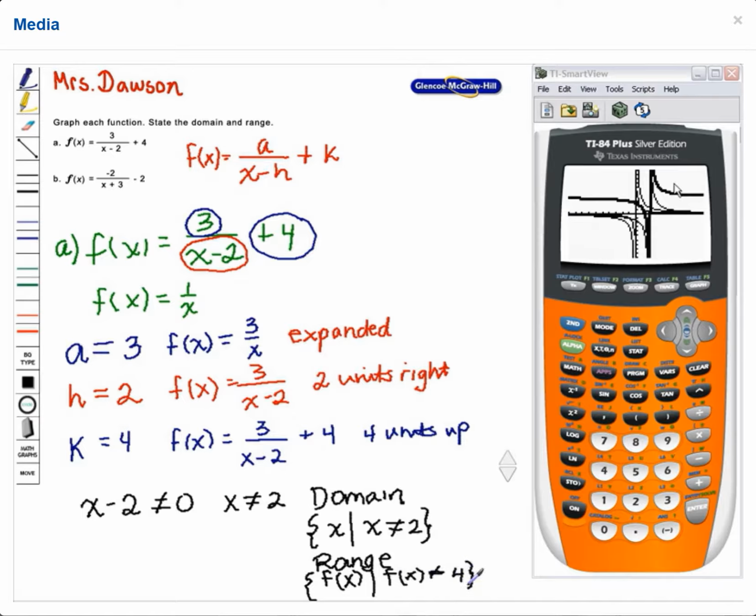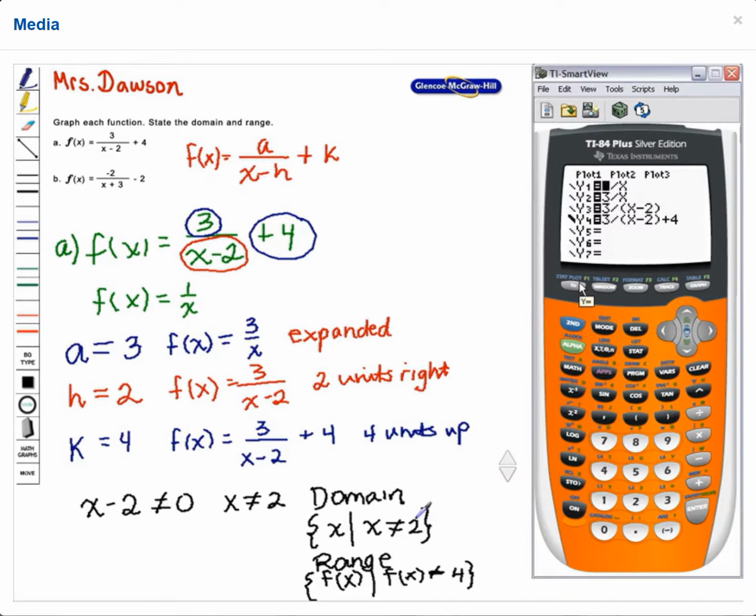To go along with that, if we look at the final graph, you can see that we have a horizontal asymptote at 4 and a vertical asymptote at 2. So the domain does not include the value of 2 and the range does not include the value of 4.